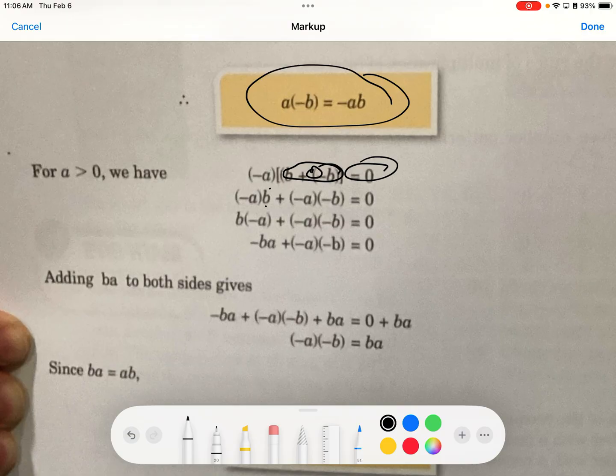Negative A times B plus negative A times negative B equals 0. This is going to be a positive AB and this will be a negative AB. We add it together, it cancels out.